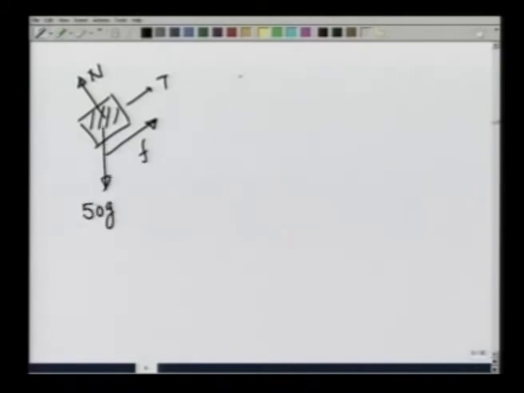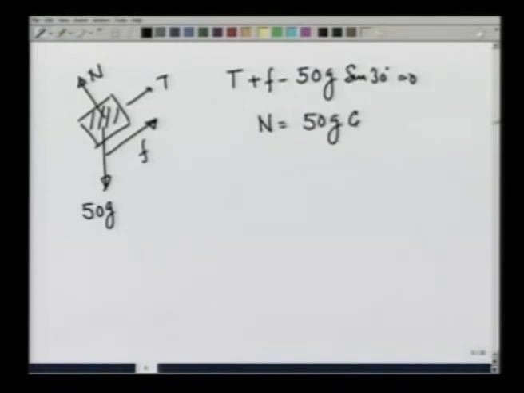I have this bigger mass which has a frictional force acting this way, T acting this way, normal reaction acting this way, and 50 g pulling it down, and the equations that I wrote were T plus F minus 50 g sine of 30 equal to 0, N equals 50 g cosine of 30 degrees, and T equals mg.